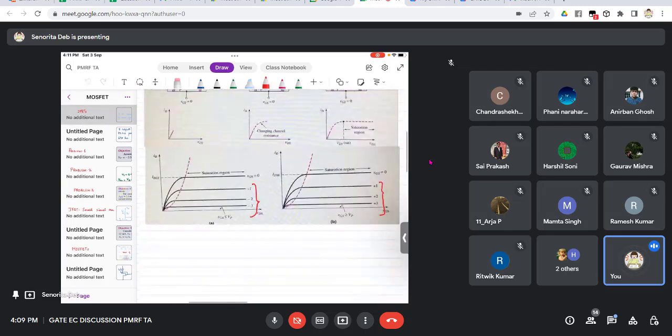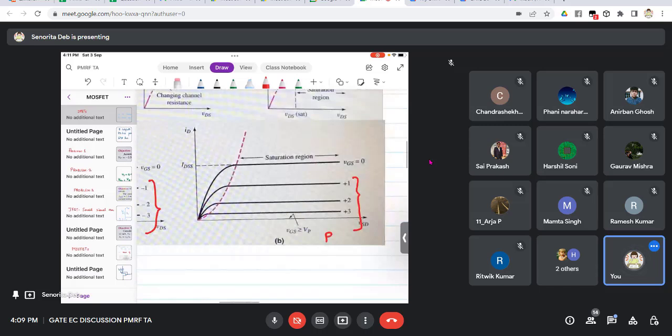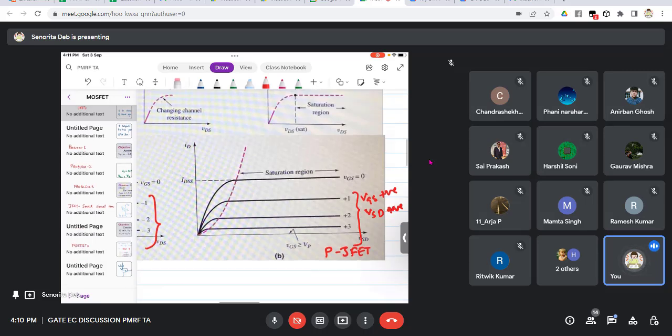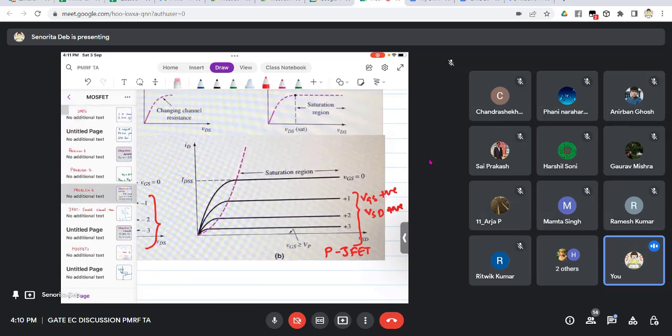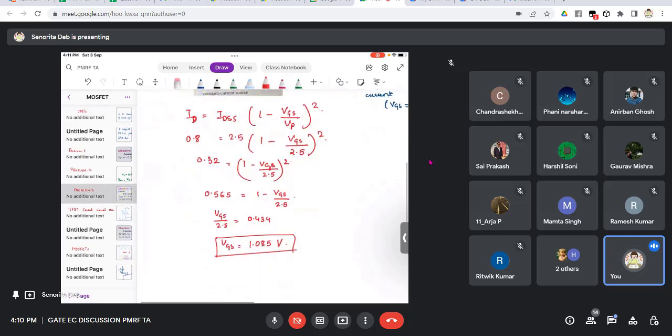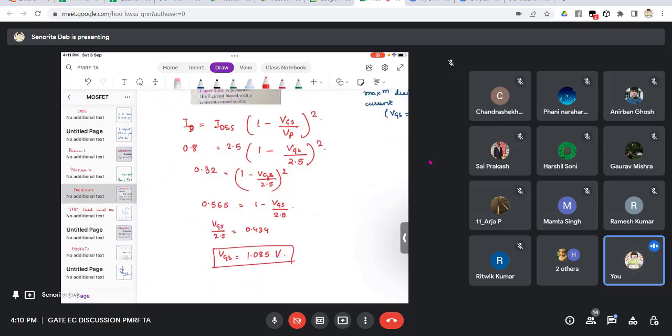Yes, so for a JFET, the value of VGS is positive and VSD is positive. For positive values it is going to turn off the transistor for some value, and it starts from VGS 0. So these were the characteristics, and this is how we are getting VGS. So VGS is 1.085 volts.